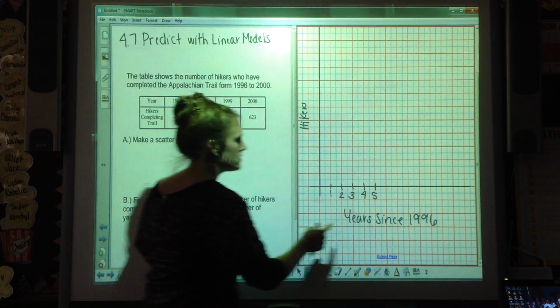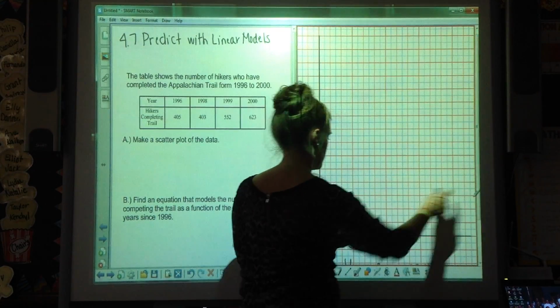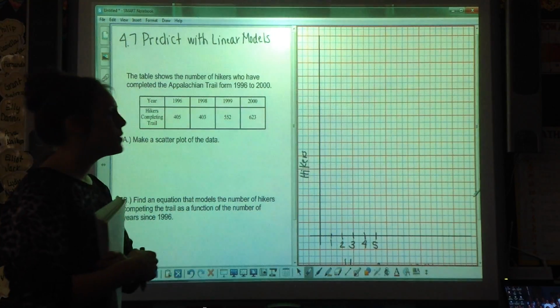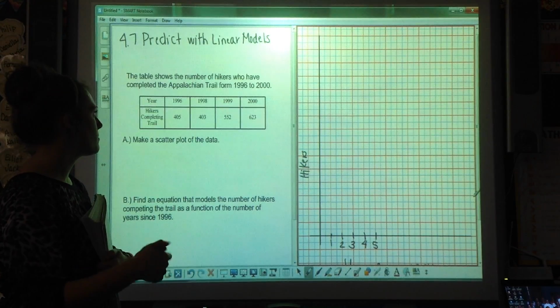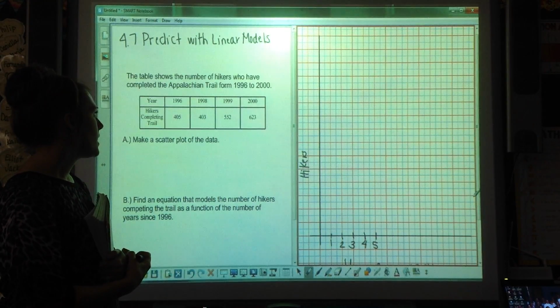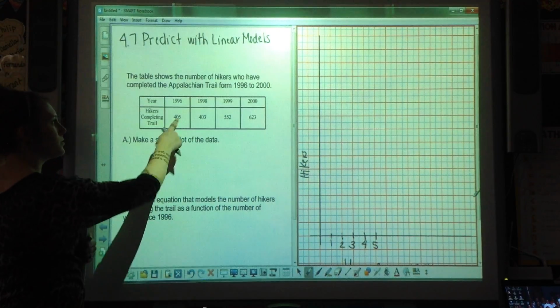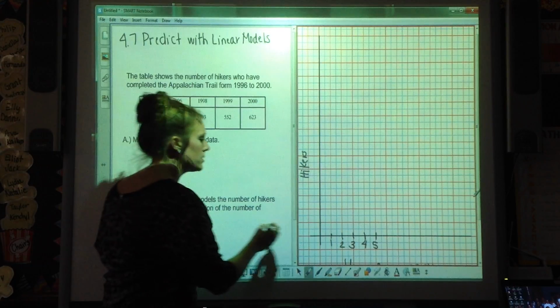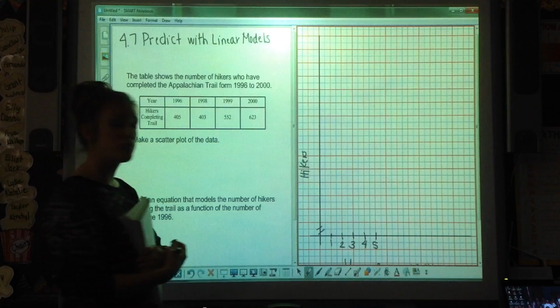And if you look at these numbers as well, they're high. You might have more graph paper room than I do, so maybe you're going to try to go up by tens. But to save room, because there's no numbers that are below 400, I'm going to put a break in the scale, and I'm going to start at 400.